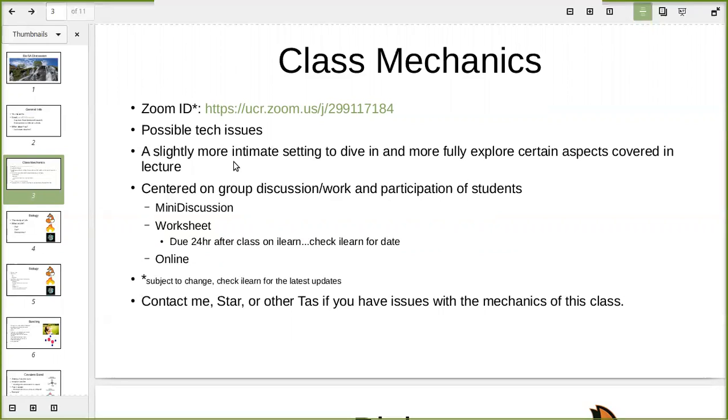It works through the concept of online meeting rooms. This is the online meeting room that I'm planning to have all my classes in throughout the entire quarter. And I'll try to keep it constant. But due to unforeseen technical issues, this is new to everybody.